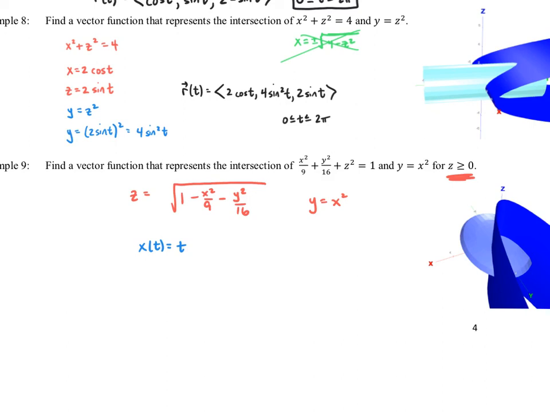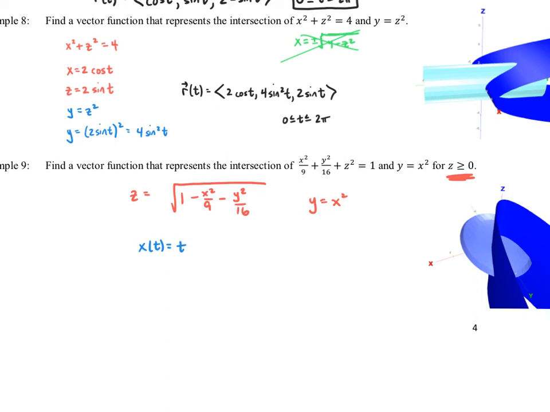Could you let x be sine of t? Well, again, the problem here is that you're now restricting x beyond what the equations are telling us. In the previous equations, we were able to let x and y, or x and z, be trig functions because it worked fully in the equation as a property, as a definition.